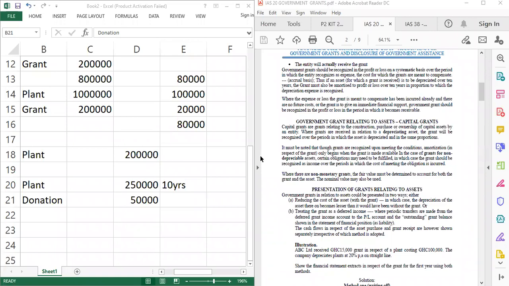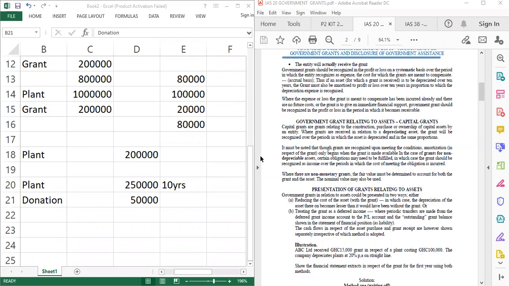Then, okay, you just add it to the revenue. I heard someone saying that you should just treat it as a revenue item in the year that we receive the donation, isn't it? That is also correct. But the question is, this donation was given towards acquisition of what? Plants.